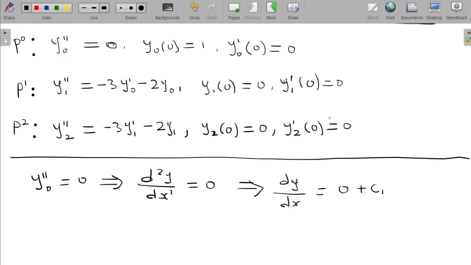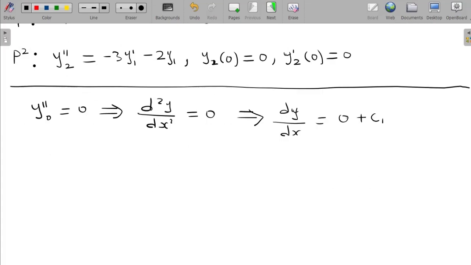So here we are going to apply the condition y prime of 0 equal to 0. Applying that condition gives 0 equal to C1, which implies that C1 equal to 0.